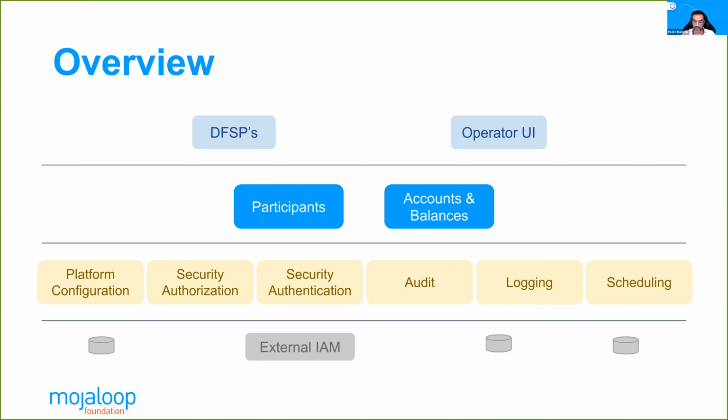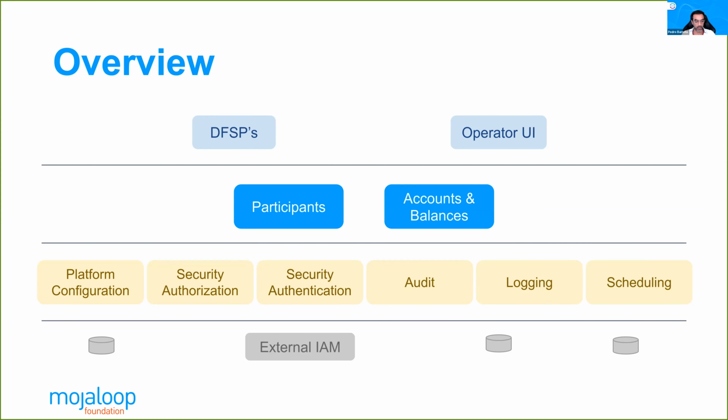In yellow, in the next bottom layer, we have all of the cross-cutting concerns. All of those things that you're seeing here are implemented. The majority or the most important use cases for these cross-cutting concerns are already working. Obviously not production ready. This is just the initial foundation.